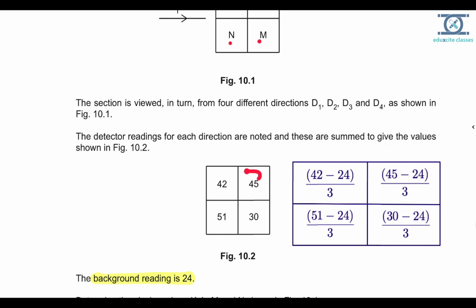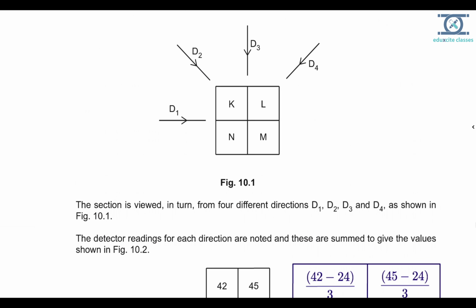So you can see these are the readings with the background reading. The first step we are supposed to do is subtract all the numbers by the background reading. So 42 minus 24, 45 minus 24, 30 minus 24 and 51 minus 24. After doing this, check in the figure how many rotations take place. This is the first turn, this is the second turn, and this is the third turn.